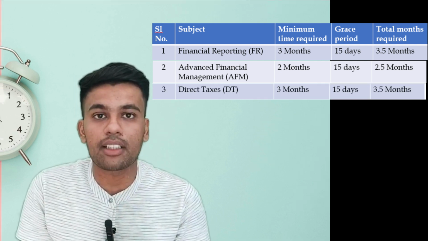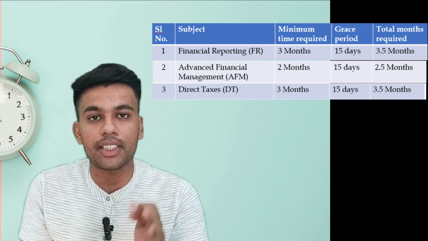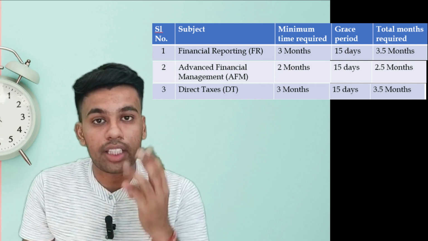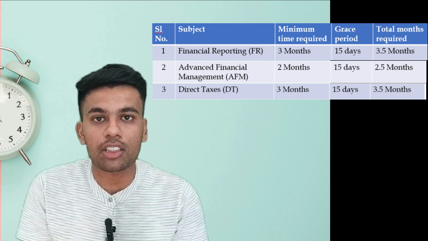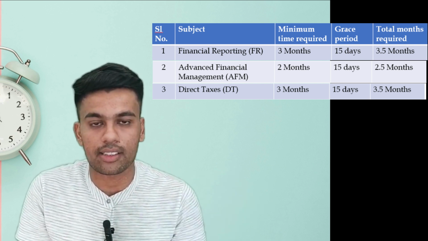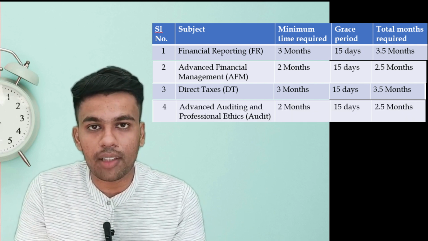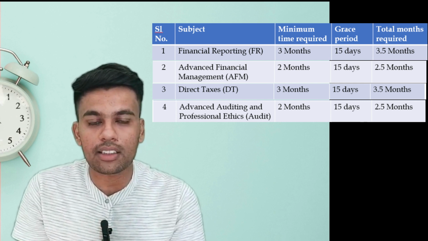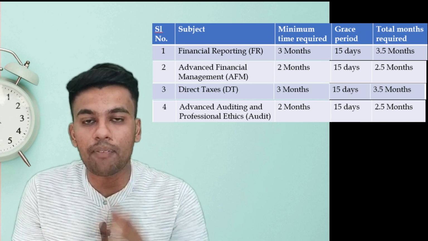The third subject, again a big subject, is direct taxes. For direct taxes you will need a minimum of 3 months and again taking 15 days of grace period, so 3.5 months you will need to finish your direct tax classes. Your next subject will be advanced auditing and professional ethics. This particular auditing subject will need a minimum of 2 months of classes.